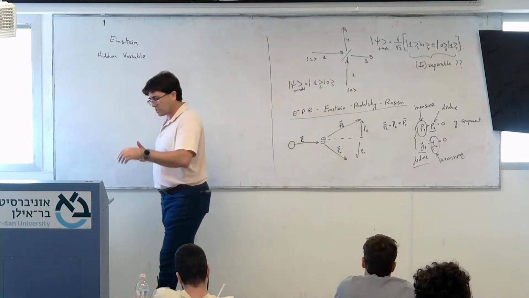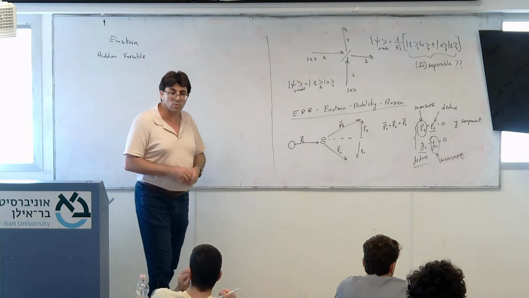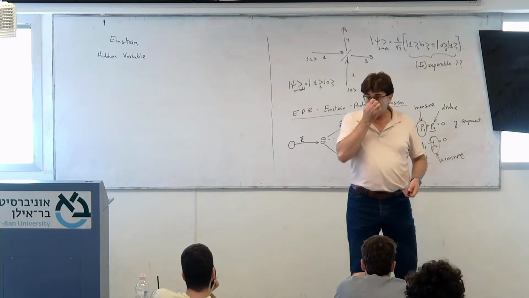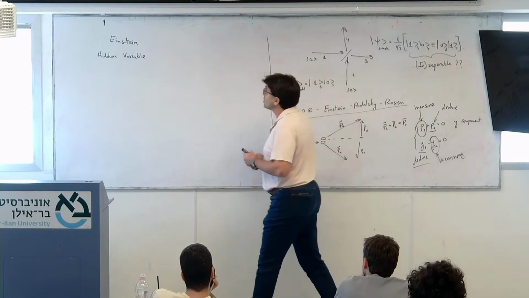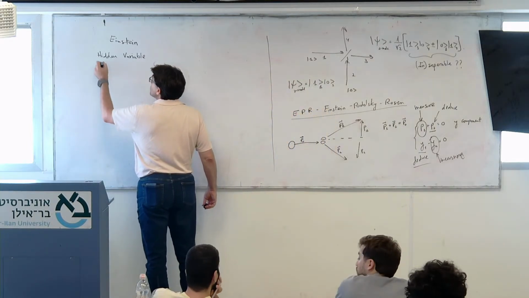It is just us that don't know what they decided, so our problem is information. There's a hidden variable that the particles know.